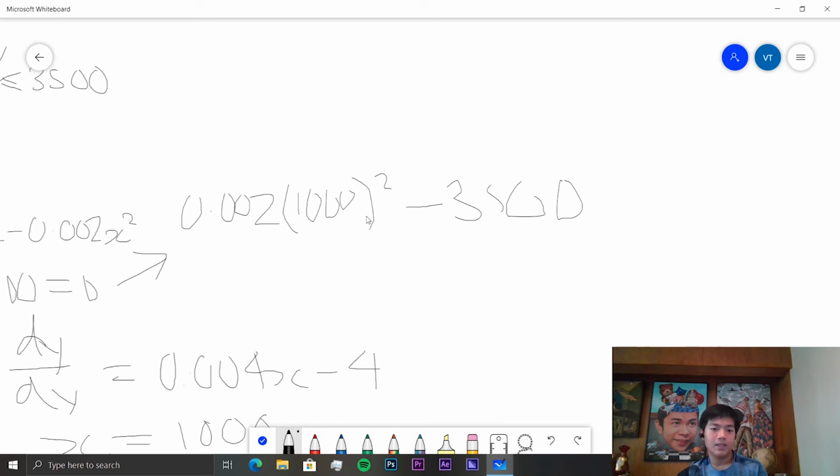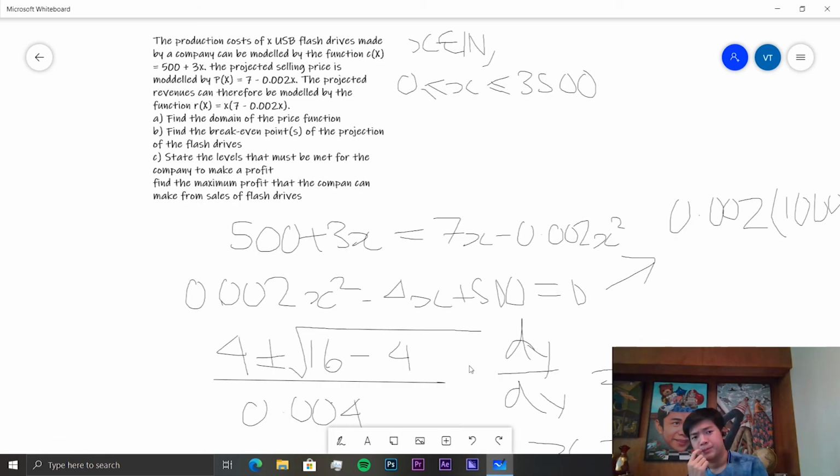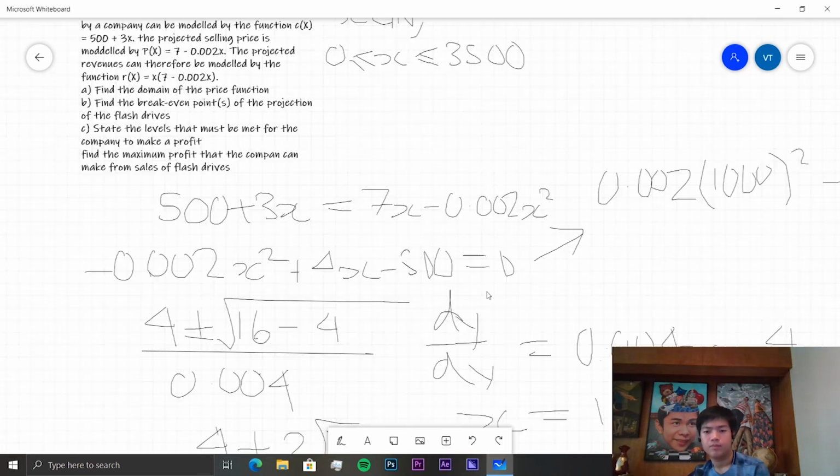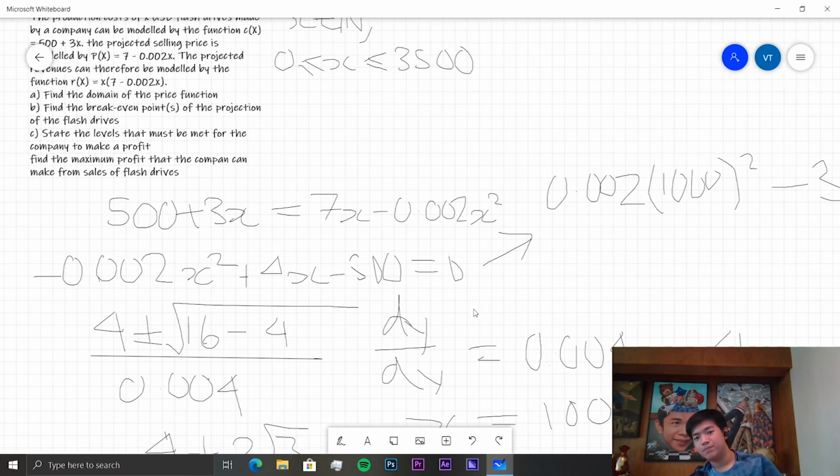So this is going to be 2 times 1,000, so is it 2 or 20? Yeah, I do have a sign the wrong way around. It should be negative, positive, negative. Which doesn't really change the final outcome.